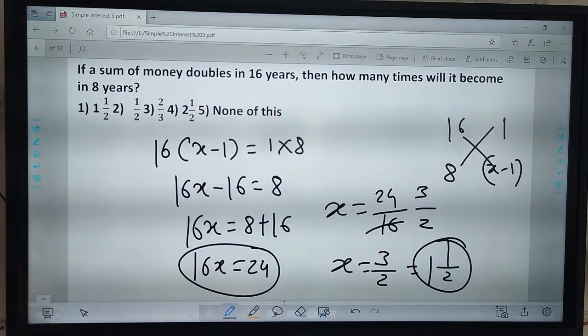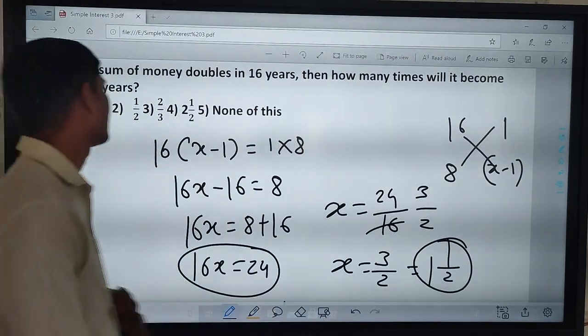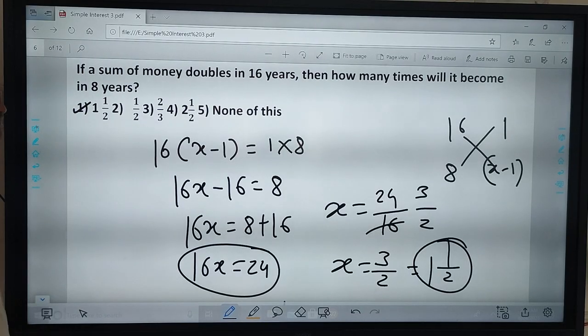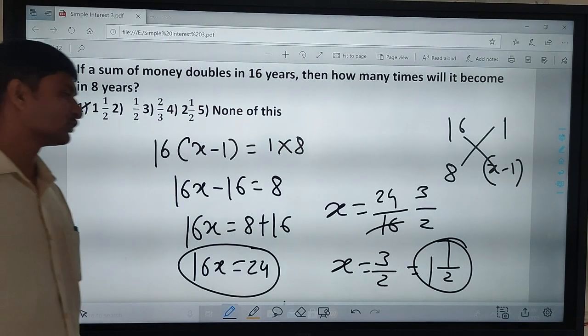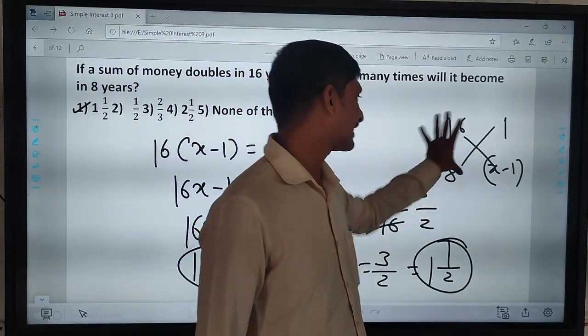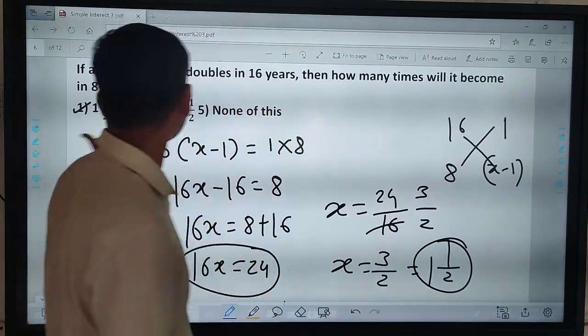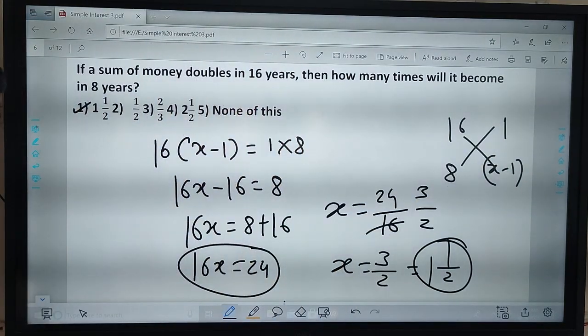Then it becomes 1.5 times of itself. It becomes 3 by 2 times or 1.5 times of itself. This is your answer. We compulsorily subtract 1 from times, write it this way, and we get cross multiplication. Then your answer comes.